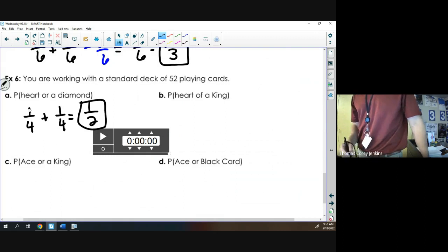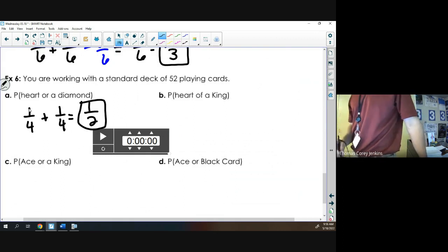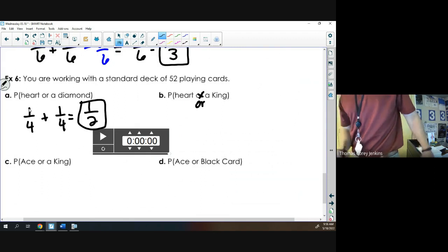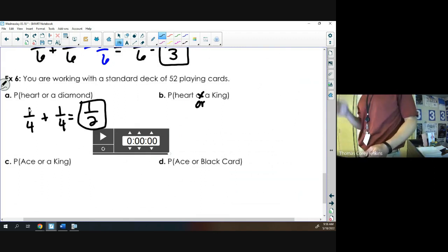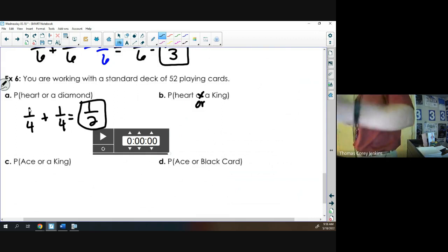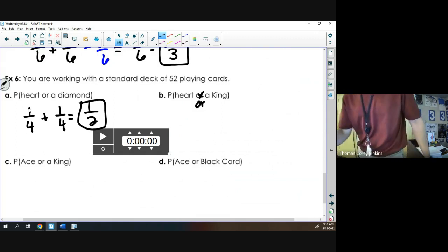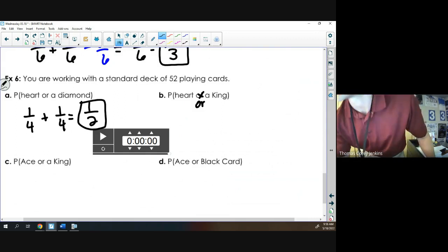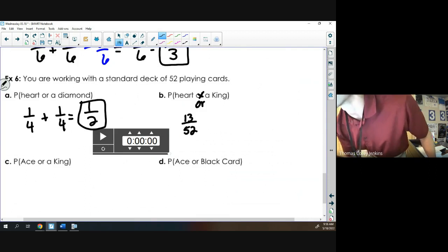Looking at B, it says heart and a king, should say heart or a king. Are there any king of hearts? Yes, there's one, right? So you want to go 13 out of 52 are hearts. There are 4 kings.